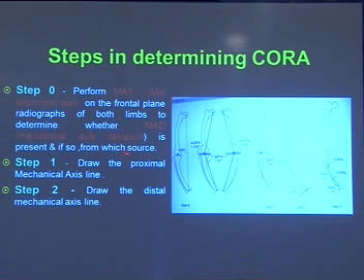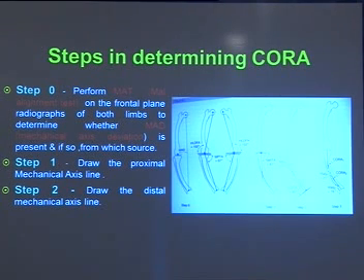What you do here, you draw a line from the center of the head to the center of the ankle. If this line goes away from the center of the knee, there is definitely a mechanical axis deviation. This is called MAD, and this has been very well devised by Professor Paley.